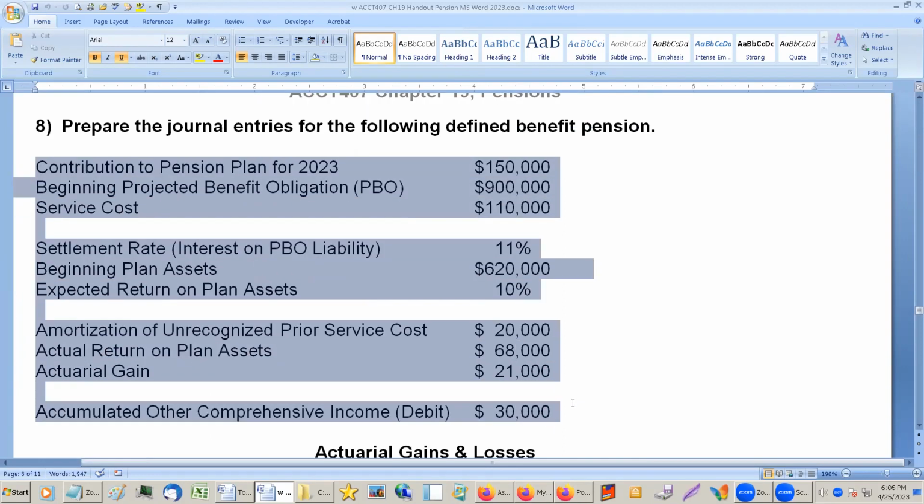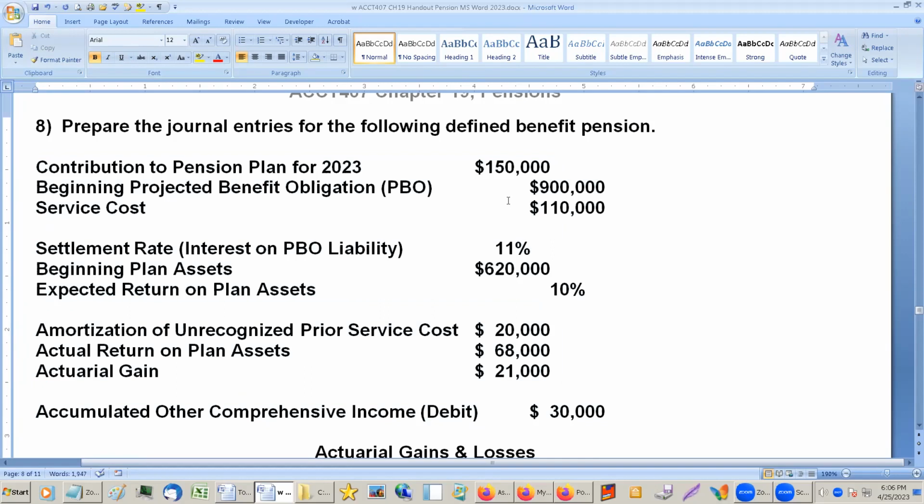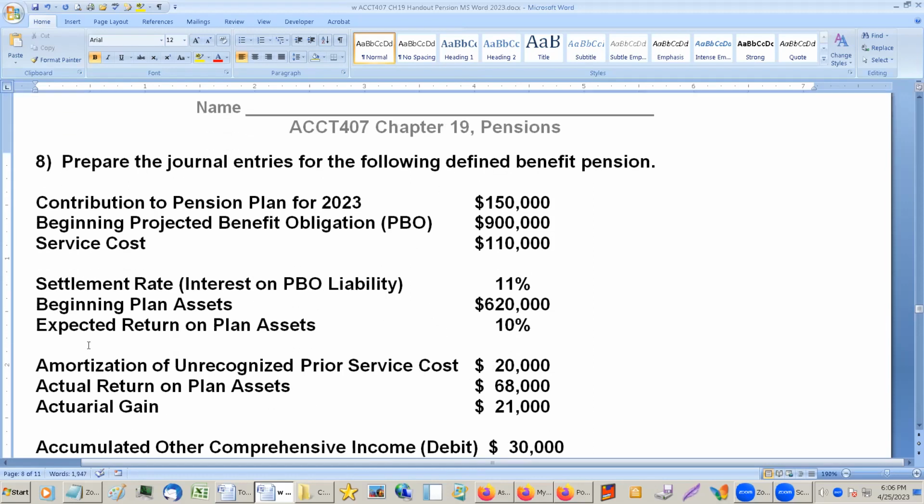I'm going to bullet this. Okay, so plan assets. Expected return on plan assets is 10%.